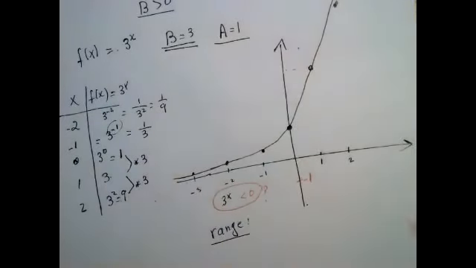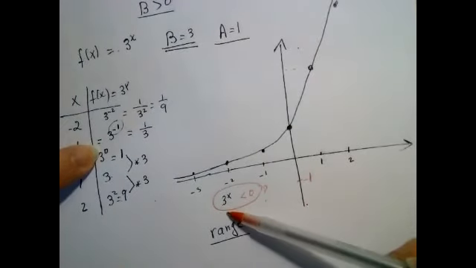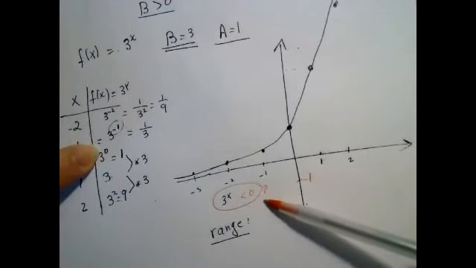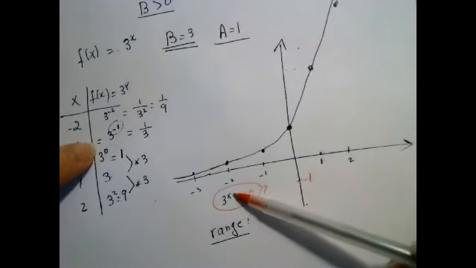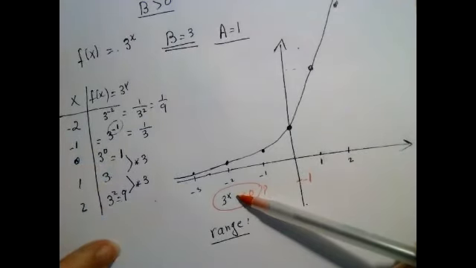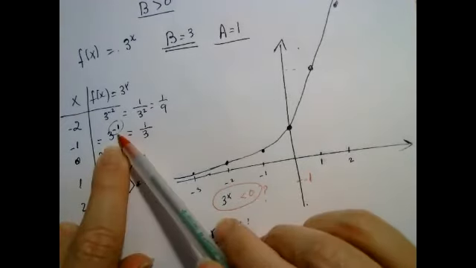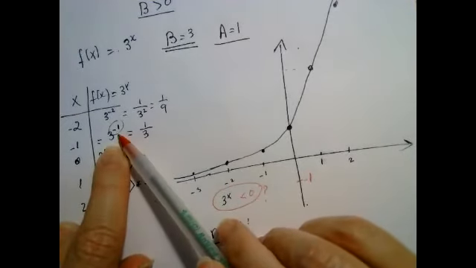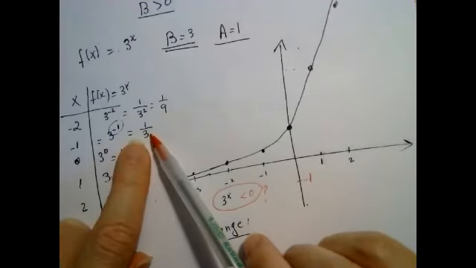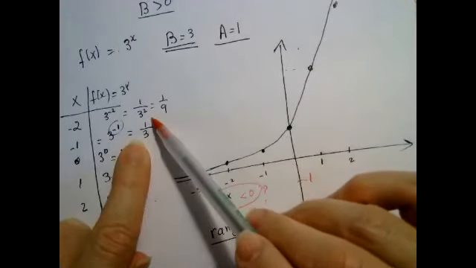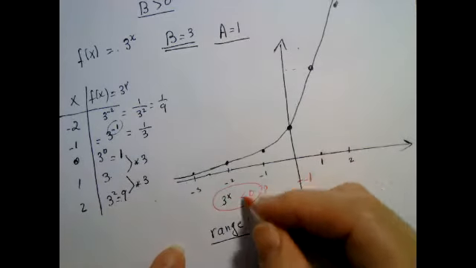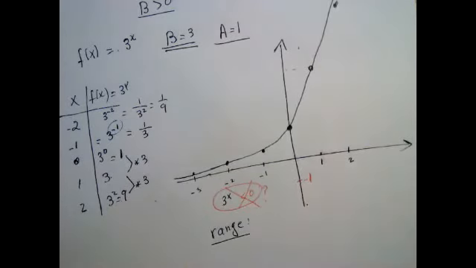Is there a way I can raise 3 to a power and get a negative number? Watch it carefully. If x is positive, 3 to the 0 is 1, positive, positive, positive. When the power is negative, be very careful. The number is not negative. It's 1/3. When it's -2, it's 1/3 squared. So 3 to the x can never be negative. A number to a power, the exponential, can never be negative.